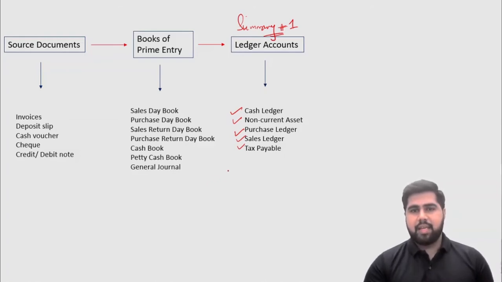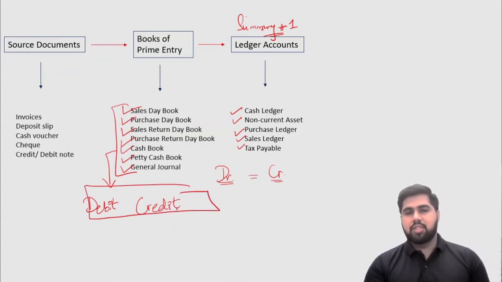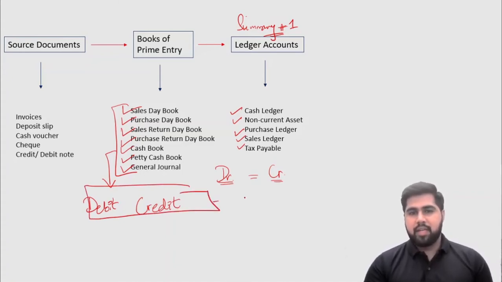By making sure that debit equals credit. Each and every transaction that you record in each of these books has two legs, right? One is your debit side and the second one is your credit side. And this is just a form of summary. This is just a form of summary, right? That is reflected in your ledger accounts.